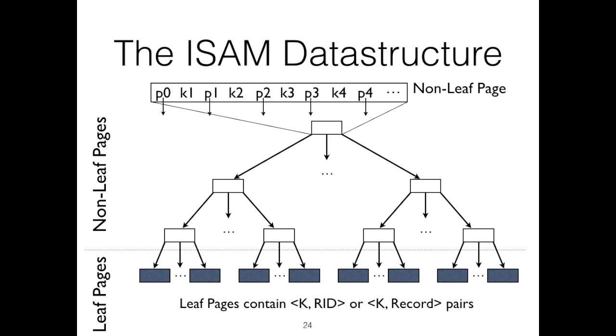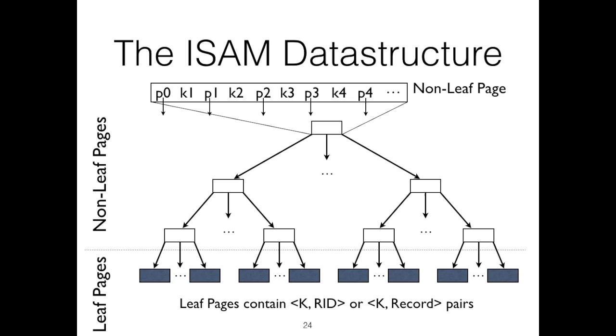So the idea here is that we're going to take a sorted list, and we're going to call the pages that are storing this sorted list of records leaf pages. Now, in order to help us do n-ary search over these leaf pages, we're going to supplement them with a little bit of organizational metadata that we're going to call non-leaf pages.